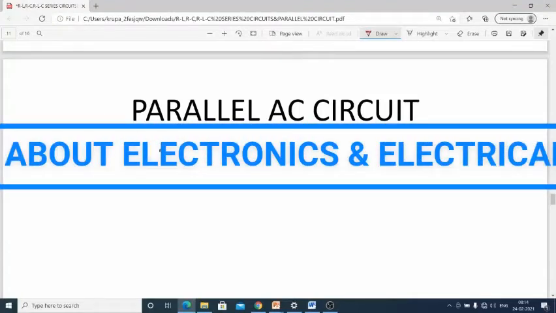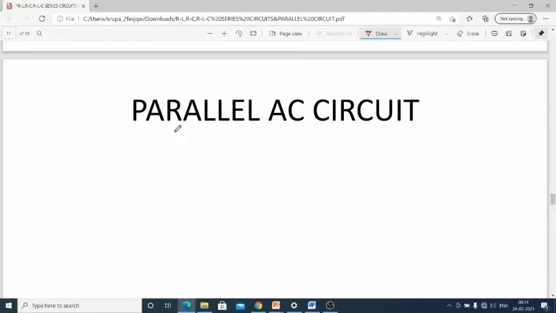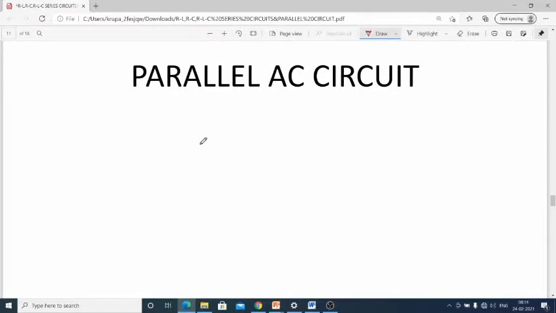Hello everyone. Today we are going to deal with the topic of parallel circuit with respect to the supply voltage as AC. What is meant by parallel circuit?